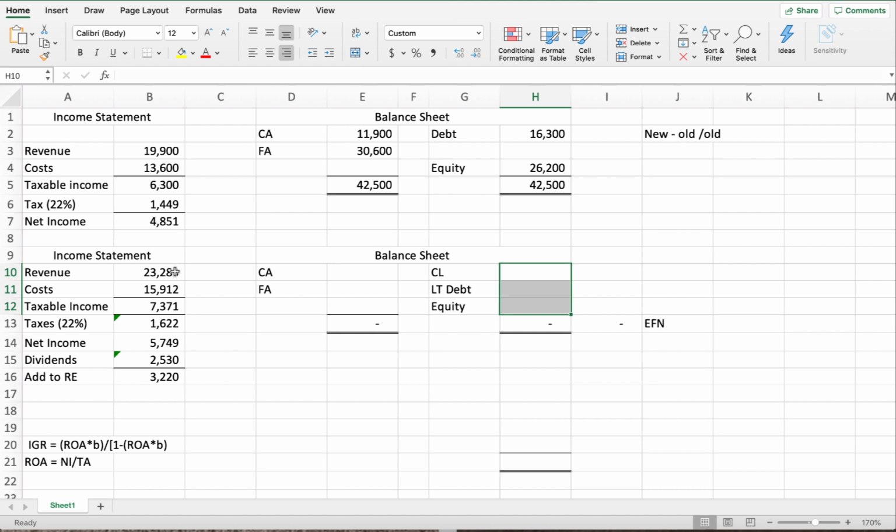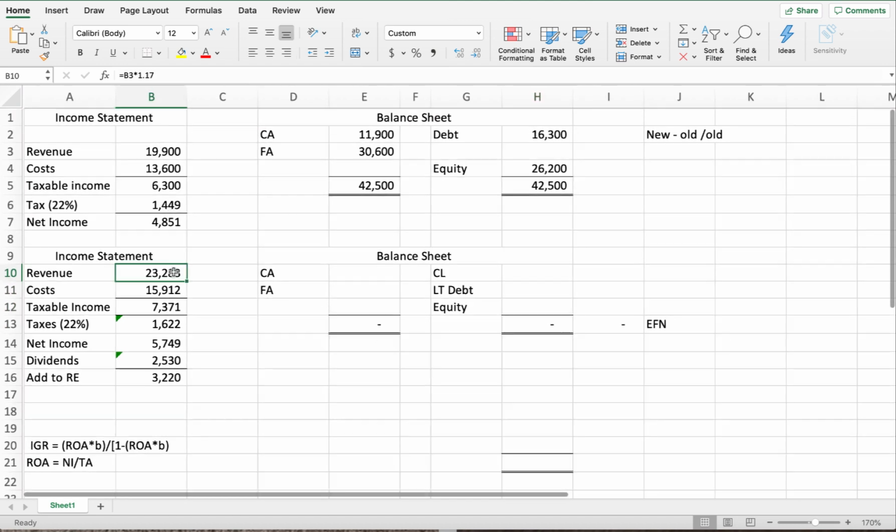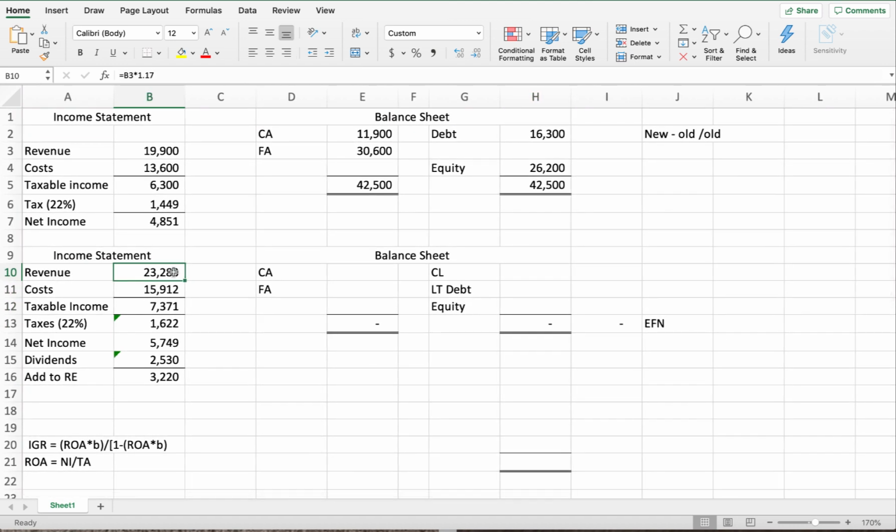Okay, so now we're going to figure out what exactly we need, right? They tell us that assets and costs are proportional to sales. Debt and equity are not. The company maintains a 40% dividend payout. So the first thing we need to figure out is our ROA.